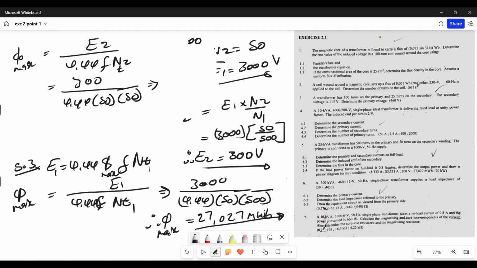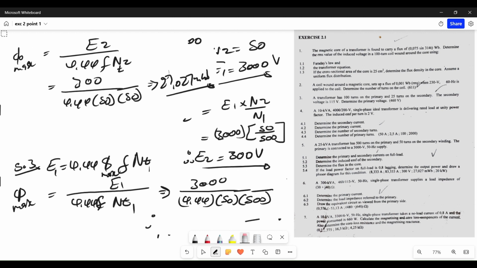Let me calculate. You see, exactly the same answer, 27.027 milliweber. So it doesn't matter whether you use E1 or E2, you'll get the same answer. So we answered question 5.3. Now we can move to question 5.4.